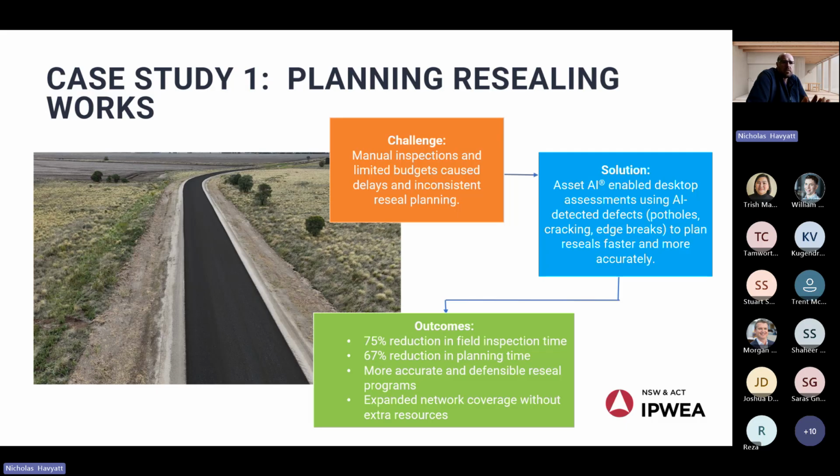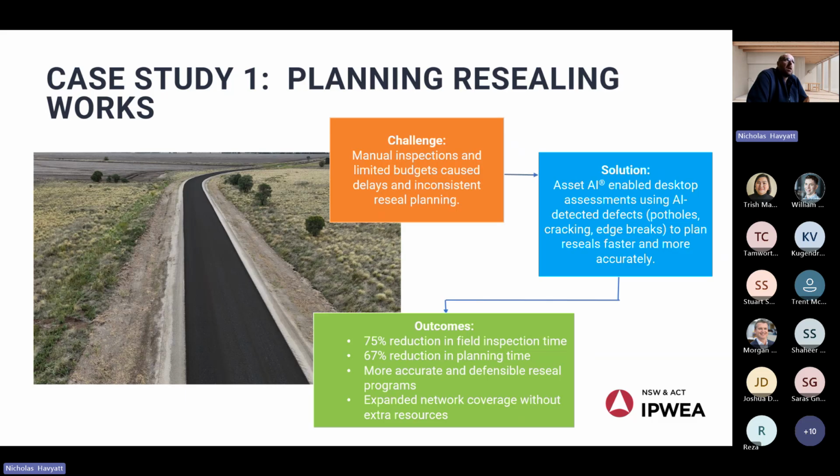We looked at it on the desktop and we worked out which sections of the road had shoulder edge breaks, cracking, potholes, shoves, any pavement defects, and then we were able to prioritise segments of those roads that should be suitable for a reseal with minor amount of repair work required.